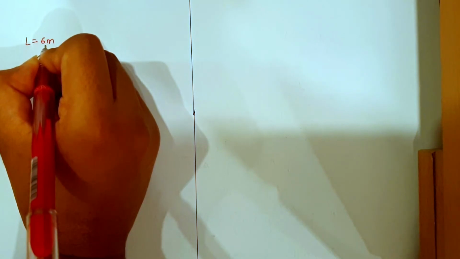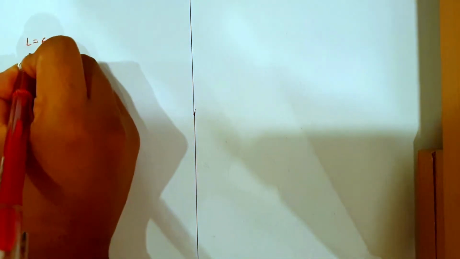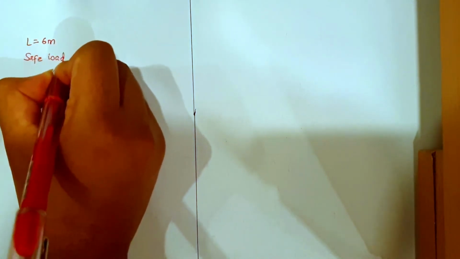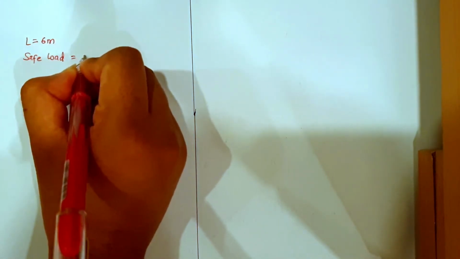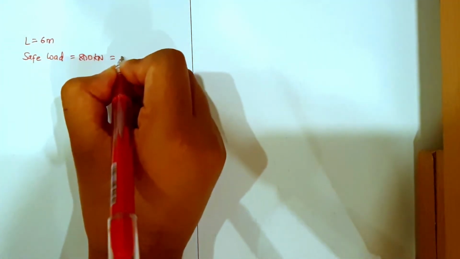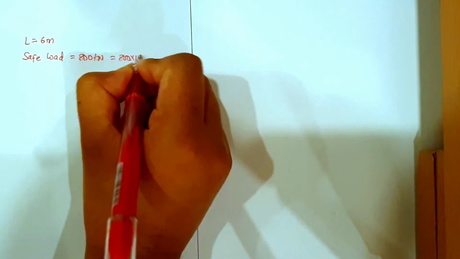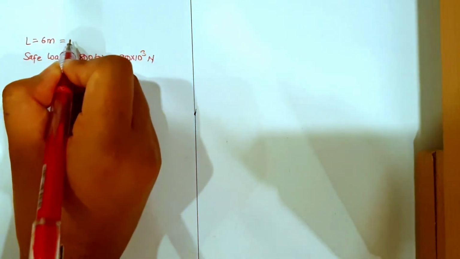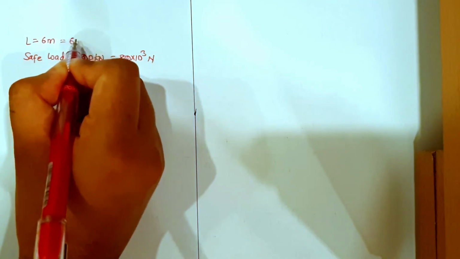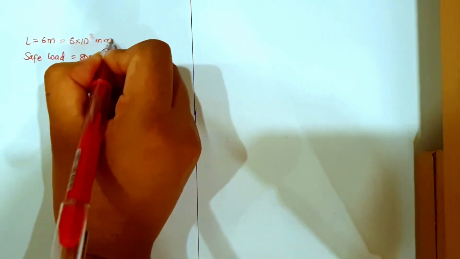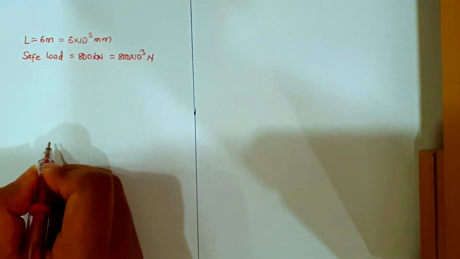So the safe load is given equal to 800 kilonewton. If you convert this into Newton, it will be 800 into 10 raised to power 3 Newton. And if you convert this 6 meter to mm, it will be 6 into 10 raised to power 3 mm.